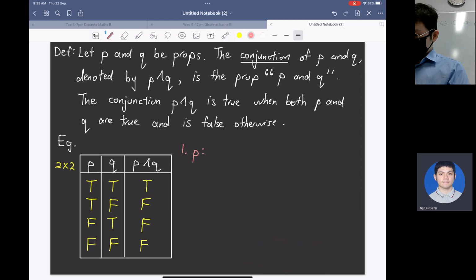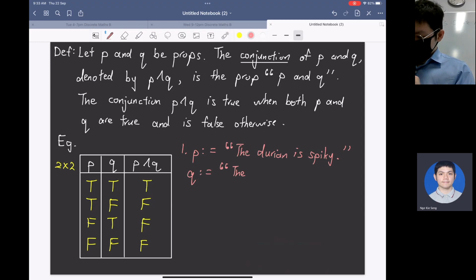Okay, example. Let's say I have a durian, which is P. And then I also have a vinegar, and I say it's sweet. Okay, so what is P and Q? True or false?